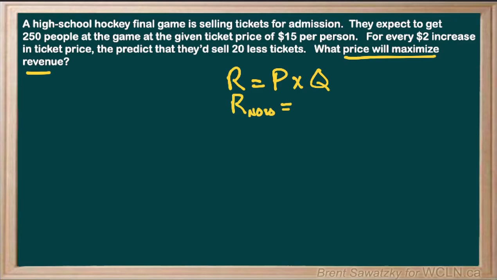Currently the price is $15 per ticket, and they're generally selling 250 tickets. We can work that out if we wish, but that's where they're currently sitting for revenue. And the question is, could they do better if they made some adjustment to the price?